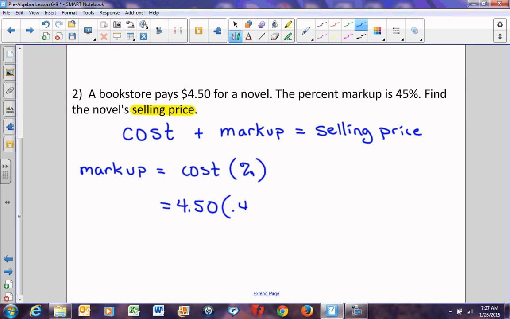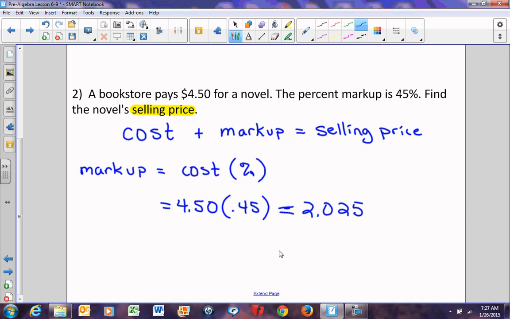So as a decimal, that's 0.45. So $4.50 times 0.45 looks like a really weird number. It's 2.025.